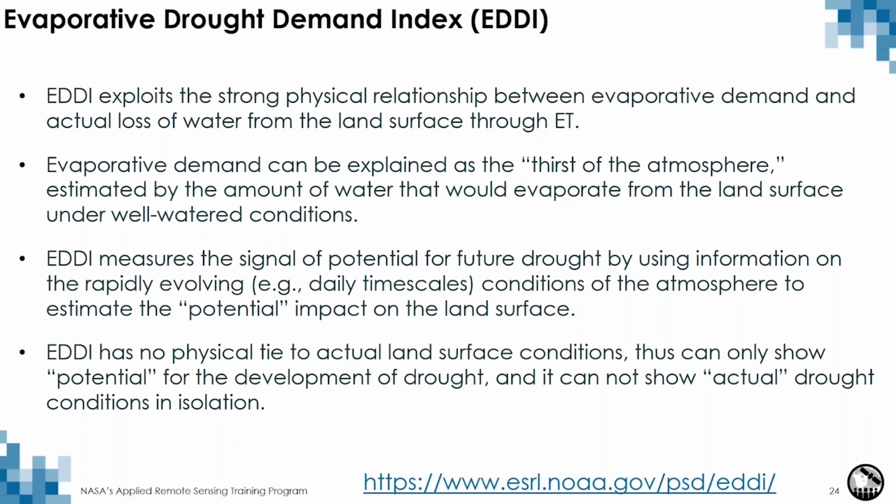The one caveat with EDDI is that it doesn't physically tie to actual land surface conditions. It can only show you the potential for the development of drought. It can't show you actual drought in isolation because it doesn't have any information. It's just an atmospheric indicator. It doesn't know if the plant is well watered, what the soil moisture conditions are, or what the actual evapotranspiration is. So it's a tool that has to be used with other tools to validate whether there's an actual tie back to the land surface, that we're actually seeing impact in evapotranspiration rates or soil moisture, and whether EDDI's potential for drought is turning into an actual drought.